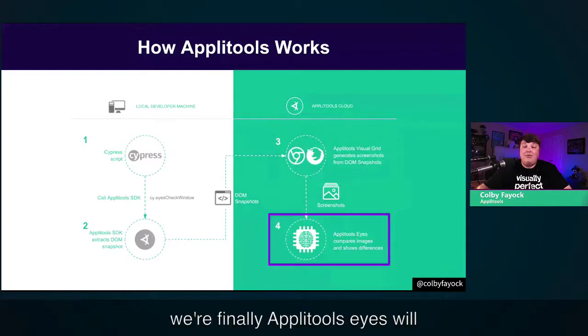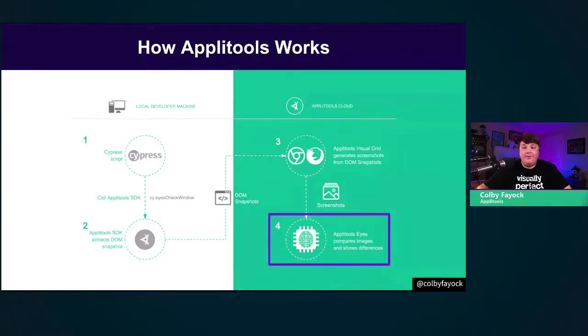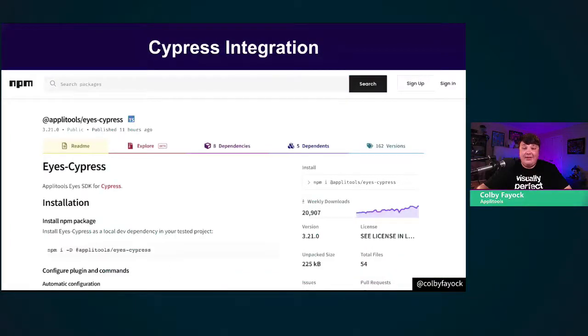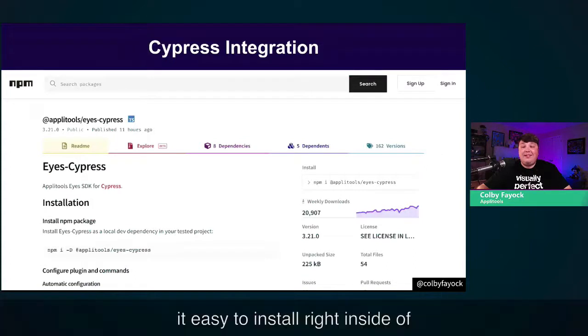Finally, Applitools' Eyes will use machine learning to compare those images and intelligently look for differences, which it will then show in the UI. So to do this, you can use the Applitools Eyes Cypress SDK. It's an NPM package that makes it easy to install right inside of your Node project.